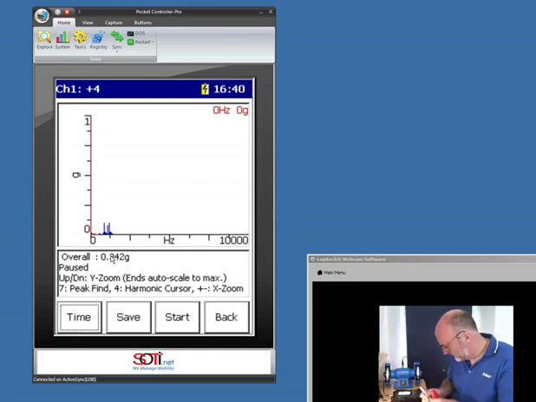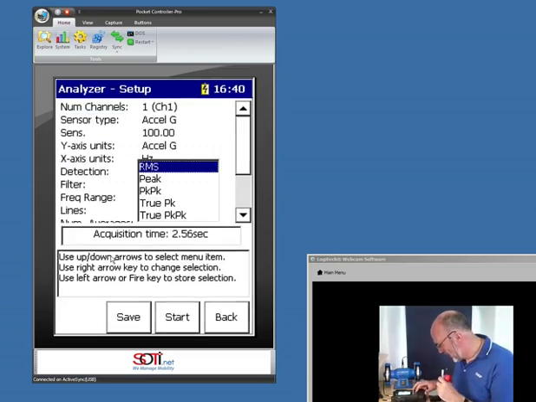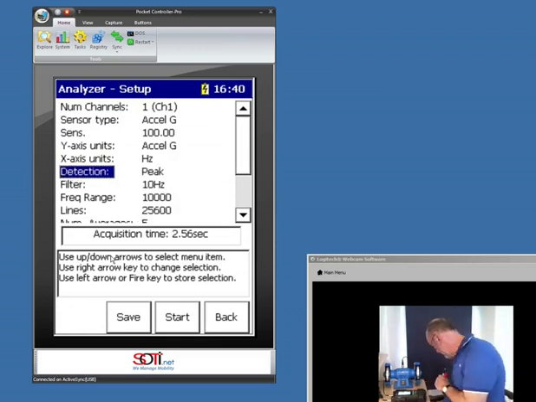RMS. Right, so what I'm going to do now is go back, and I'm going to change from an RMS detector to a, let's do a peak detector, just for fun. Variety is the spice of life. So we start our measurement again.